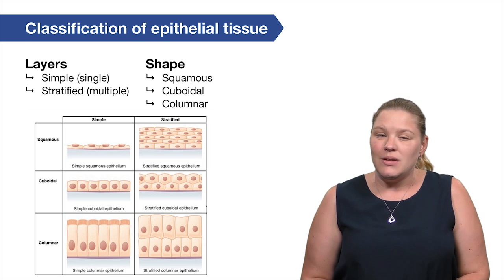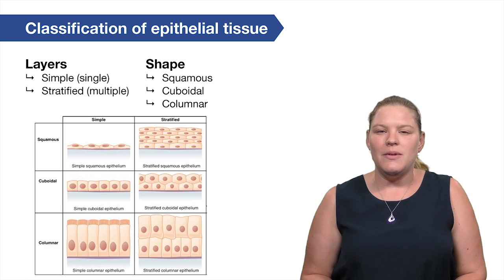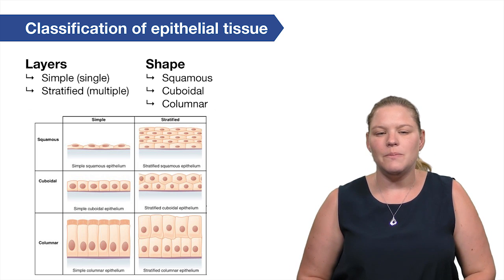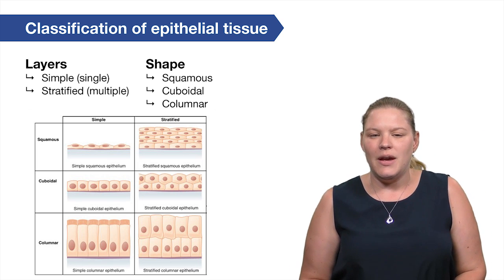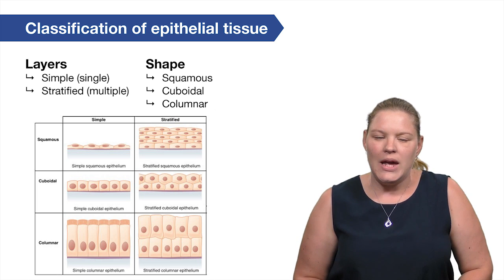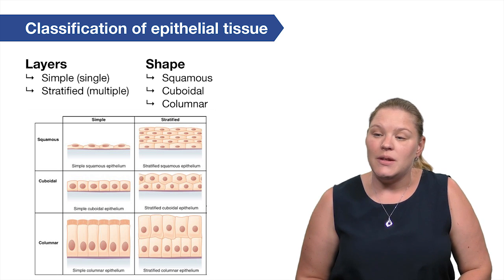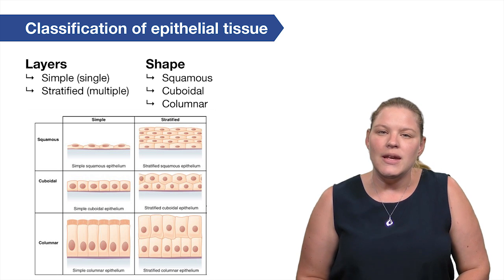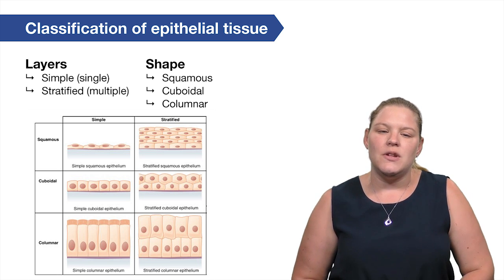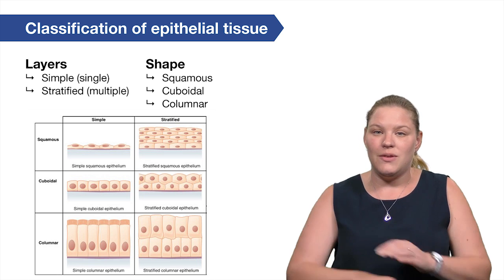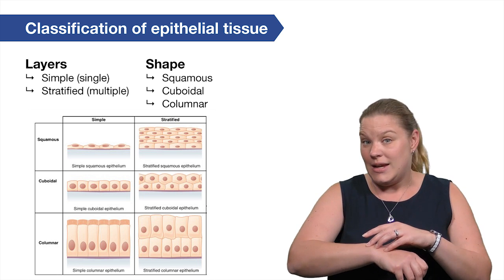The shape as well is classified. So if we have squamous, it's the simple shape at the very top there, the very top box. If we have cuboidal, that's referring to the box in the middle, and the final one down the bottom is columnar. Now what these epithelial types and tissues do is they have slightly different functions. So the squamous tissue, for example, is really good at withstanding things like abrasion, so we have a good amount of that on our skin.